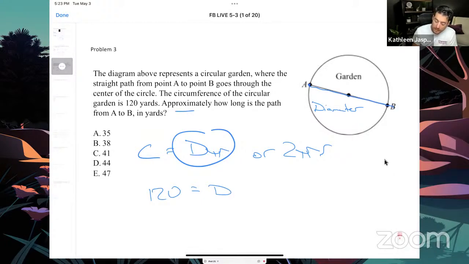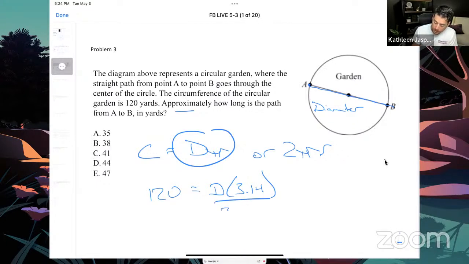Because some people don't have the pi button on their calculator, just go ahead, it says approximately. Well, pi is approximately 3.14. So now I have 2 out of the 3 values. As long as I have 2 out of 3 values, I can always find the third.